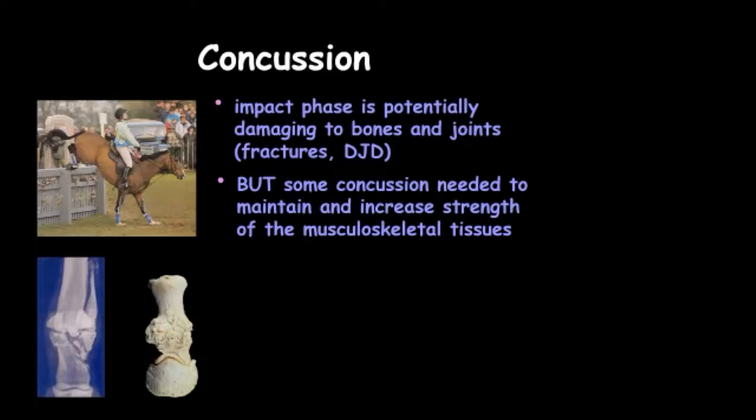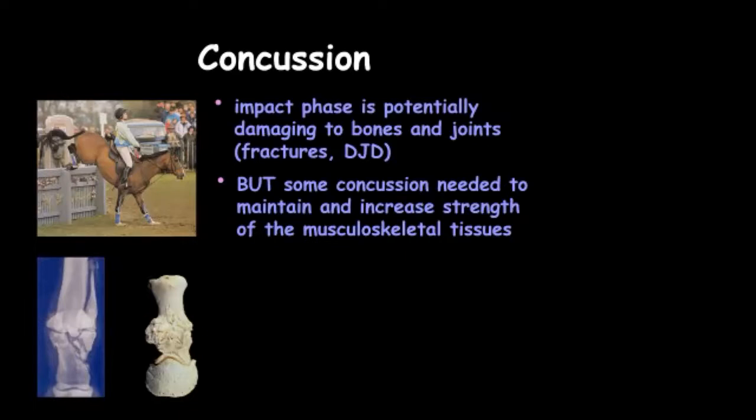And I have two examples of that down here. On the left is a thoroughbred forelimb with multiple comminuted fractures in the fetlock region. And most of the fractures in thoroughbred horses are preceded by some kind of micro damage, fatigue damage.